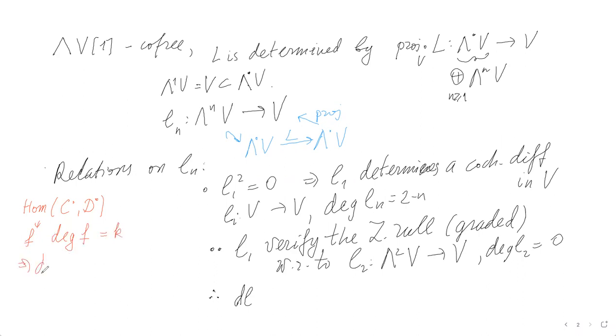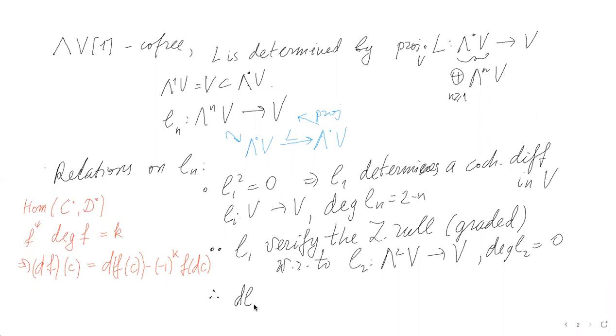Then the differential of f is a map which, when applied to some small c in capital C, is equal to d of f of c minus (-1) to the power k f of dc. So probably I should put parentheses here like this. So in general, now it is clear what it means.